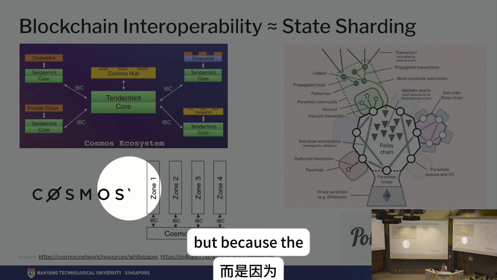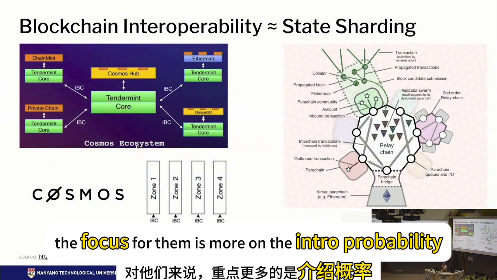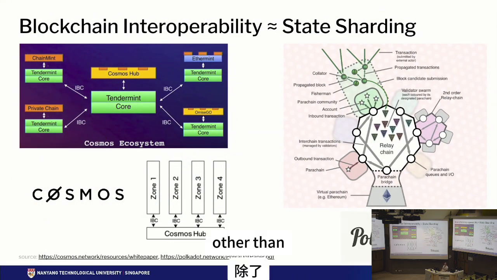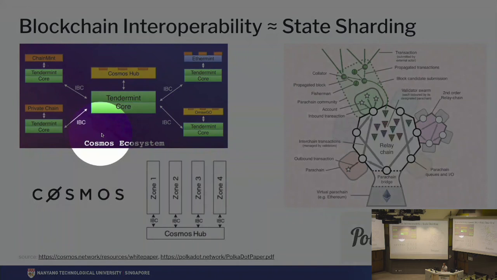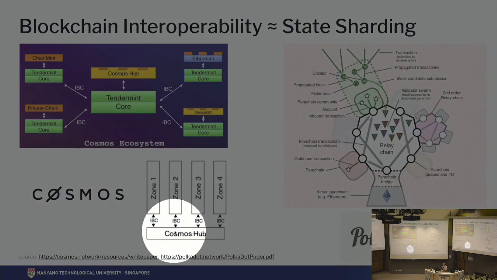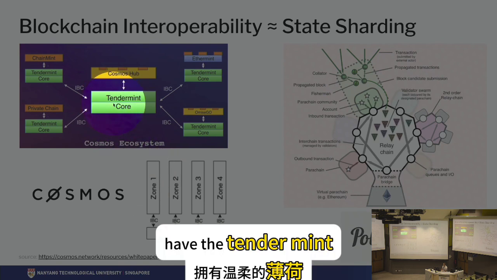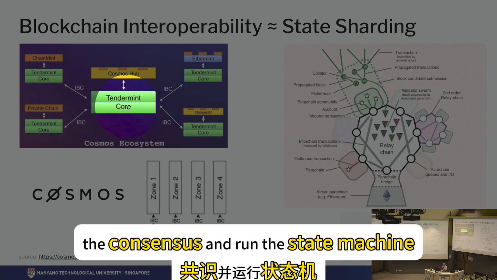But because their focus is more on interoperability rather than a single layer one sharded solution, they designed it so that each, whether it's the hub or a zone, has the Tendermint consensus and a core to run the consensus and the state machine.